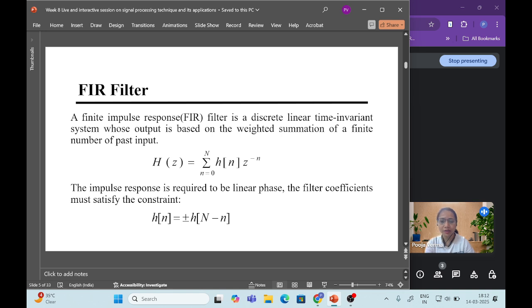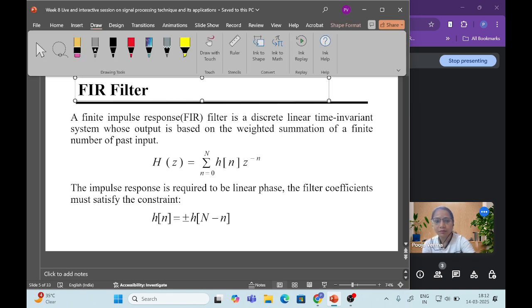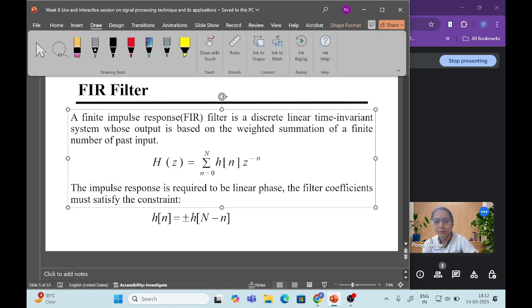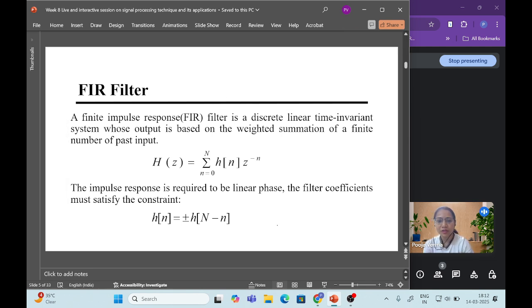Now, what is an FIR filter? FIR stands for finite impulse response. It is a discrete linear time invariant system whose output is based on the weighted summation of a finite number of past inputs.